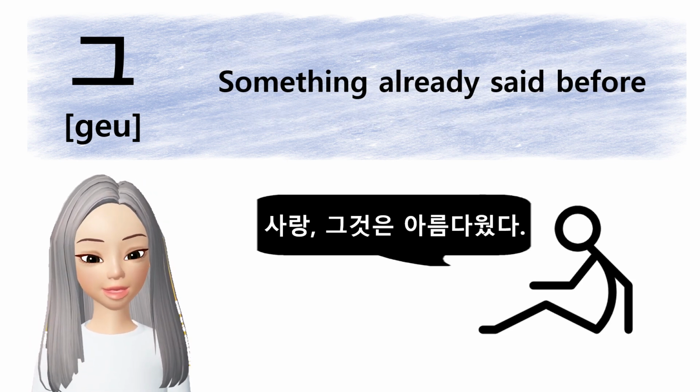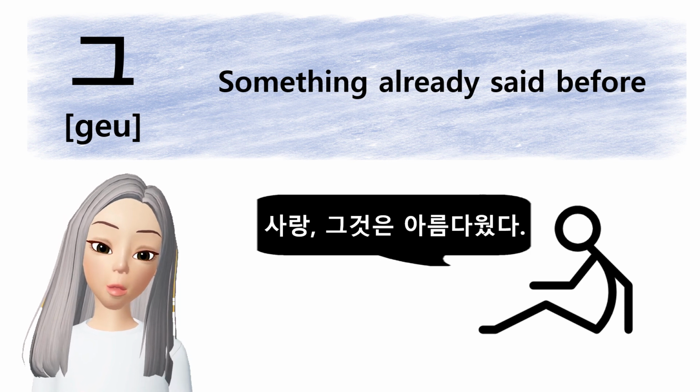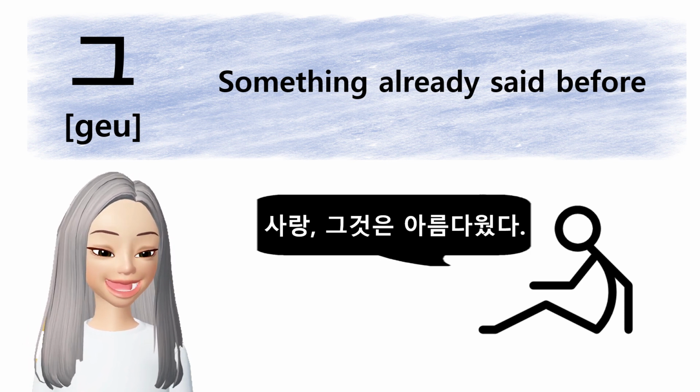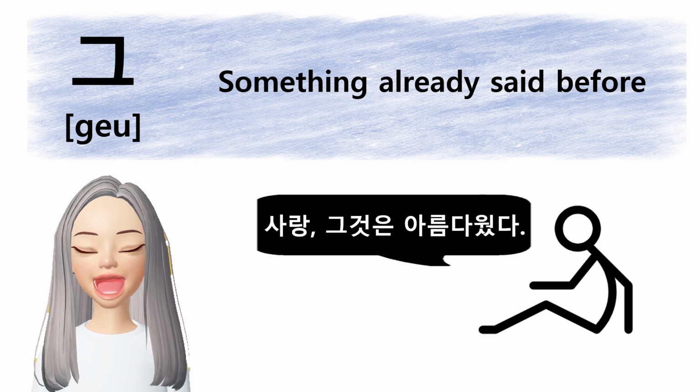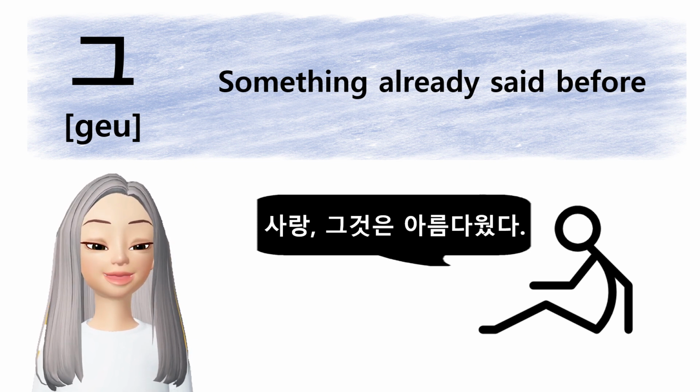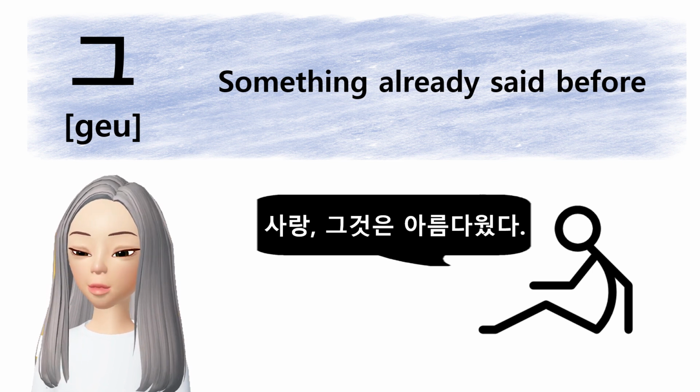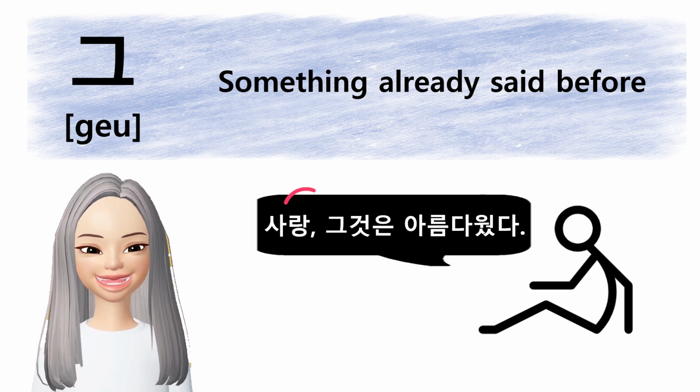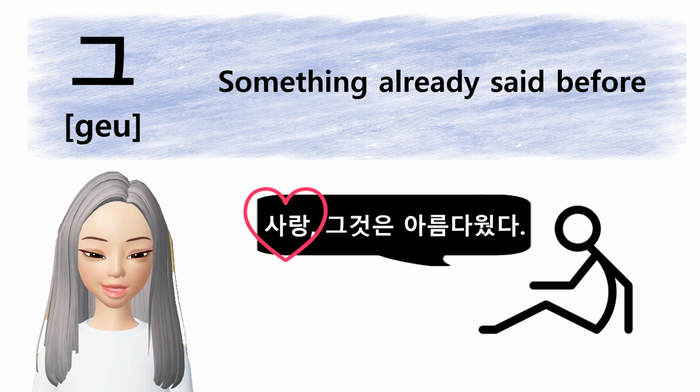Then the third use of 그 would be when you're repeating something already said before. For example, 사랑, 그것은 아름다웠다. Would be a situation when you're saying like, love, it was beautiful.